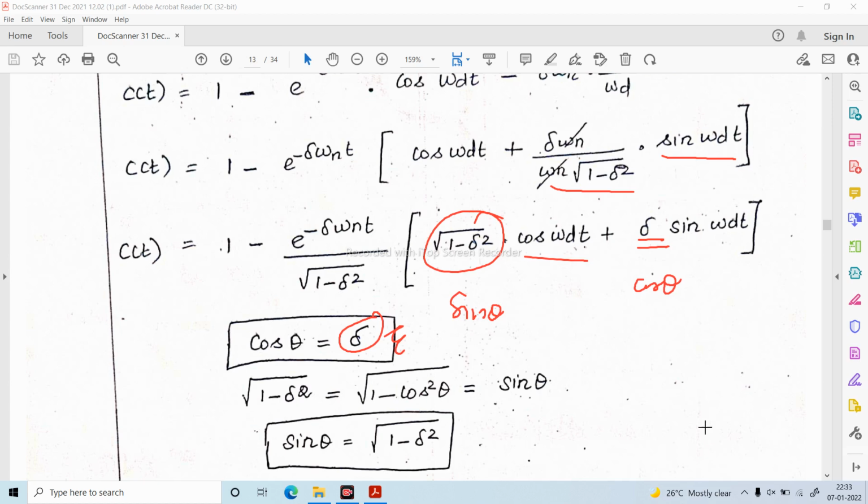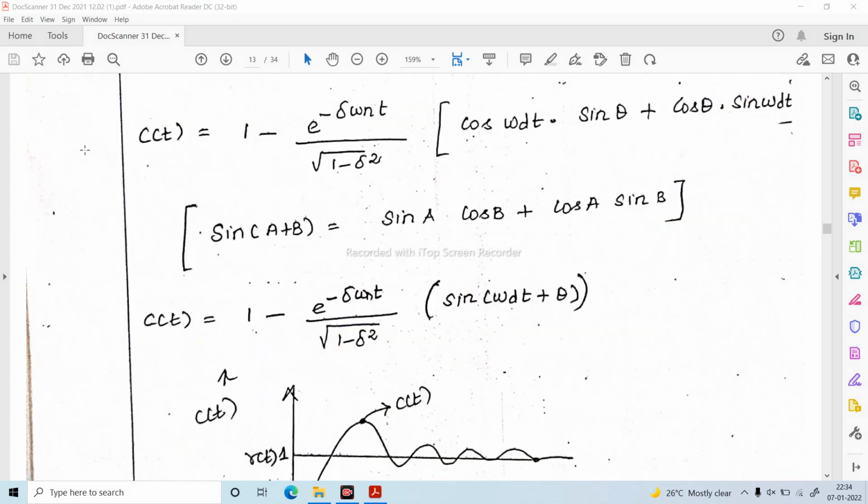Sin (A plus B) is equal to sin A cos B plus cos A sin B. So c(t) is equal to 1 minus e power minus delta omega n t divided by square root of 1 minus delta square into sin of (omega d t plus theta), because instead of A we have omega d t, and instead of B that is theta.